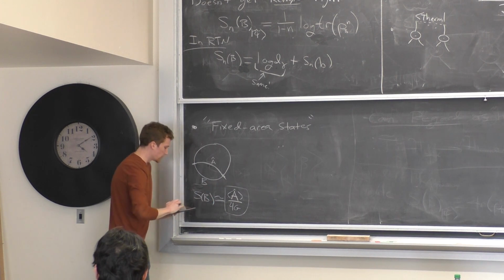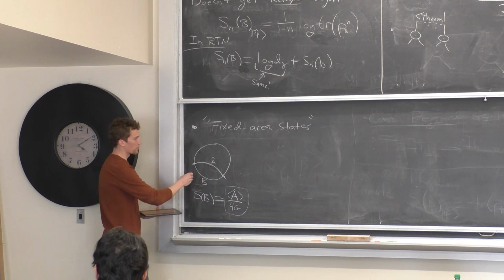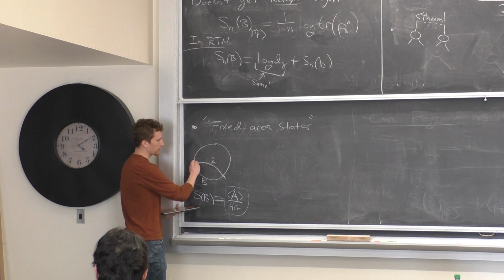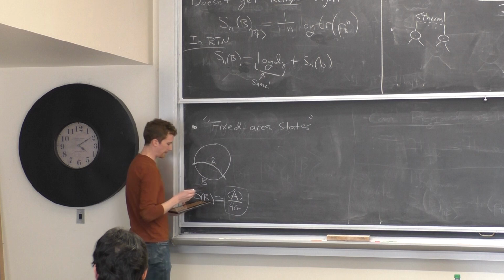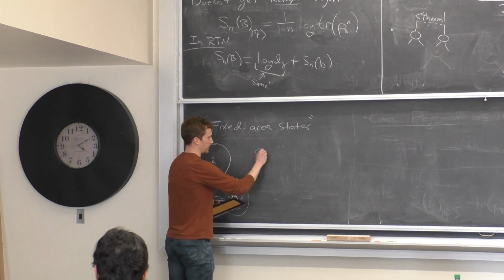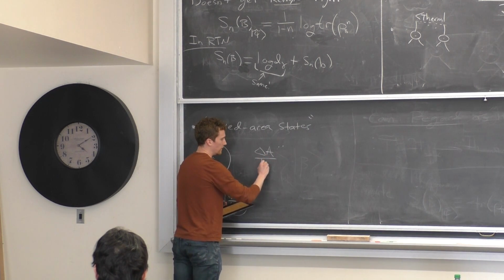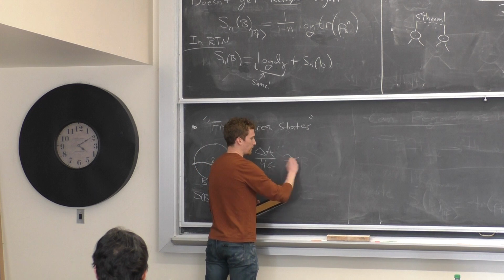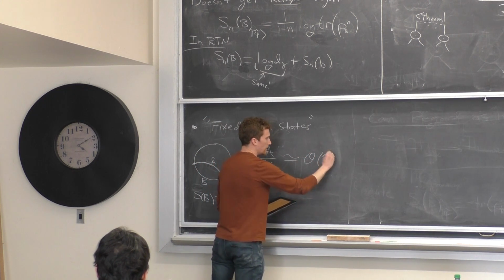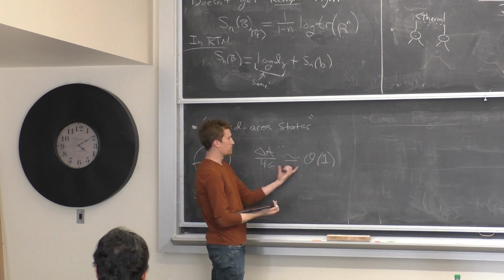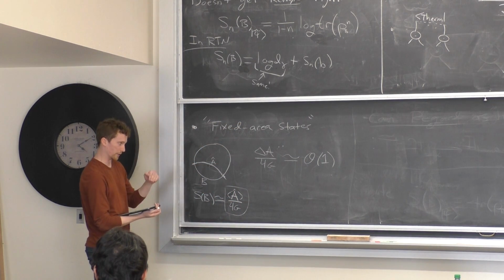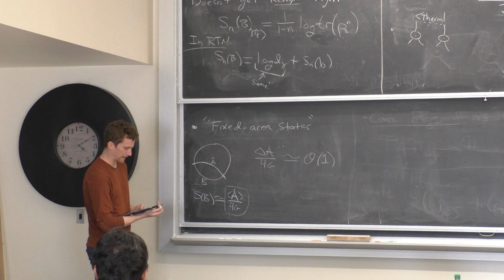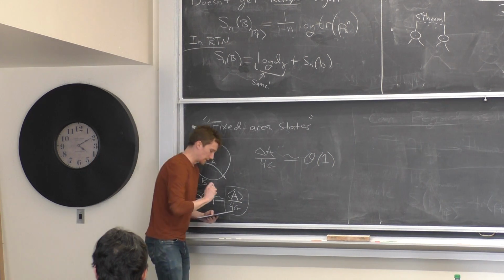So the idea is that you can consider fixed area states where you're projecting onto an eigenstate, or really an approximate eigenstate, of this area operator. So we're going to fix it to within something like order 1, a much smaller fluctuation window than order 1 over square root G Newton in the limit that G Newton is very small.